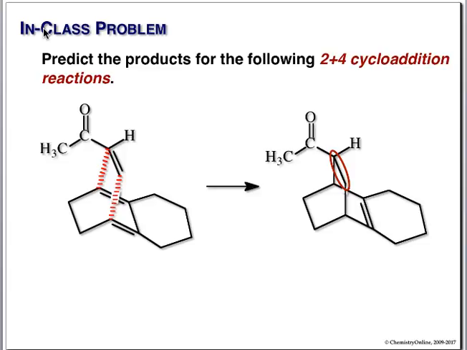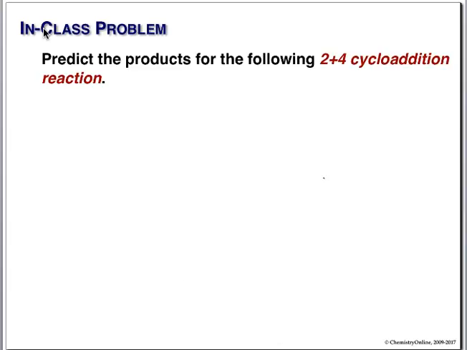Any questions? All right, well, we did stereochemistry of the dienophile. Remember what we said is the stereochemistry is preserved. Cis gets cis, trans gets trans. Let's look at the stereochemistry of our diene.